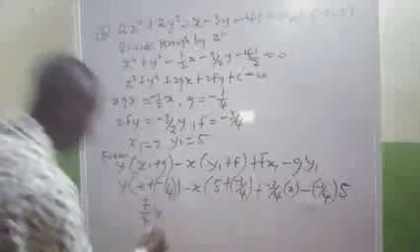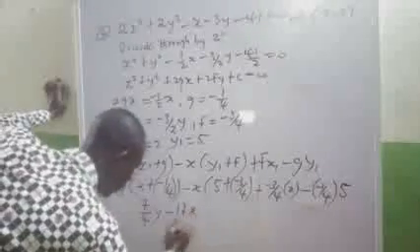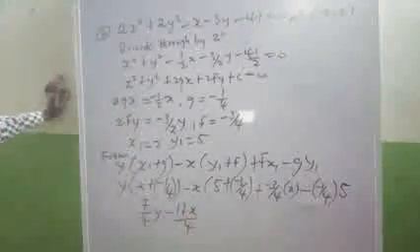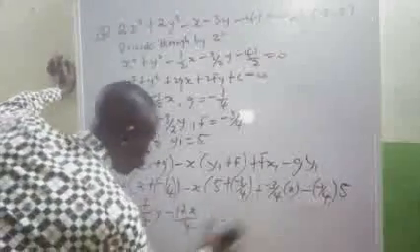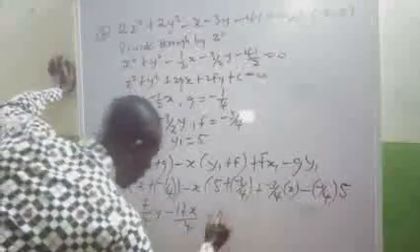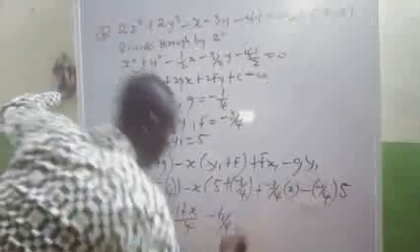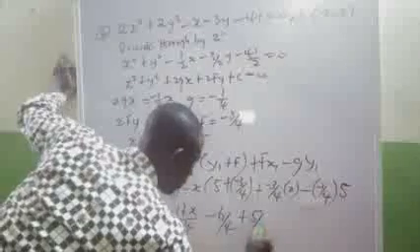So minus 17 x over 4, plus minus 6 over 4, minus times minus 4 plus 5 over 4.